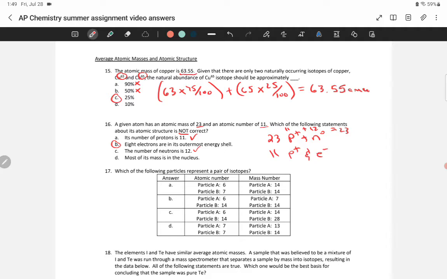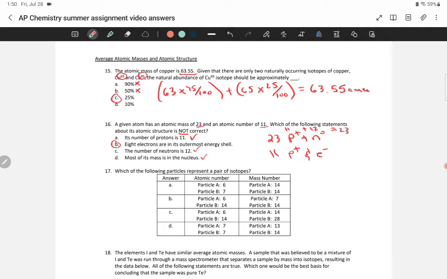So we know that's right. And then always the mass is concentrated in the nucleus. Outside the nucleus, we have the electrons, and they have very little mass.